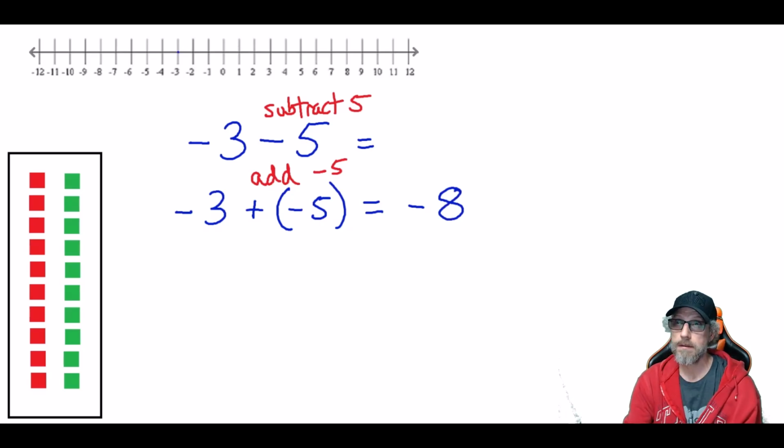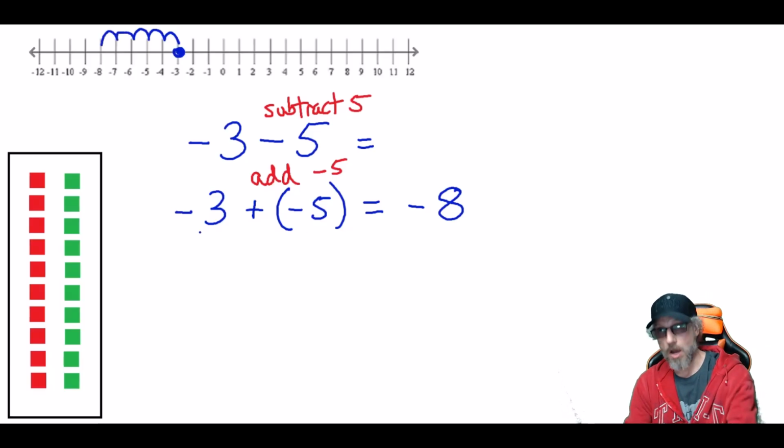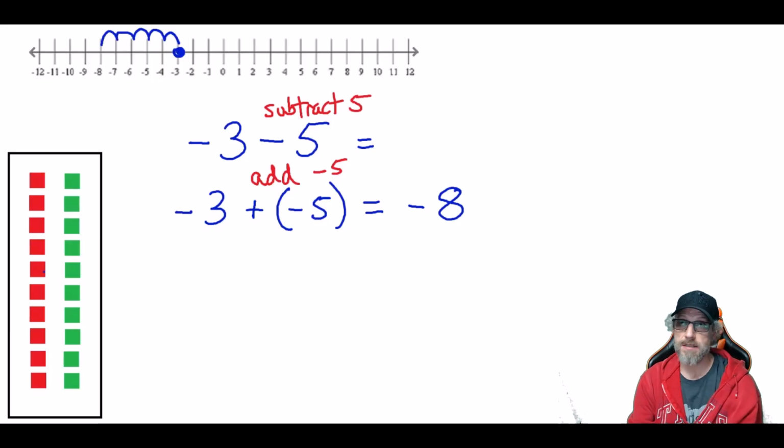-8. Number line would be go to -3 and then to the left by 5 units. Money example, I owe $3 and then I owe 5 more, so now I owe a total of $8. With the visual aids, this can get a little interesting, so let's pause for a minute and break this down a tiny bit.